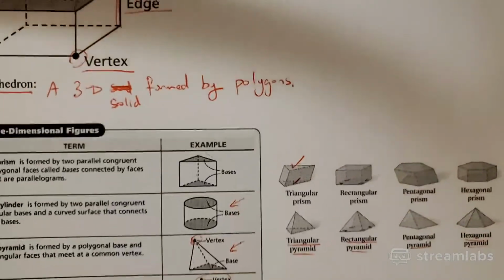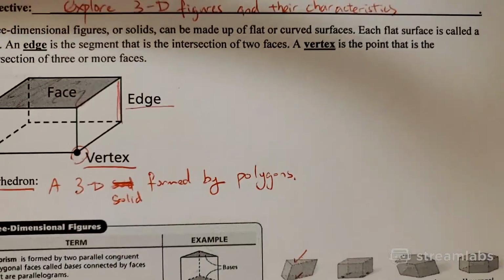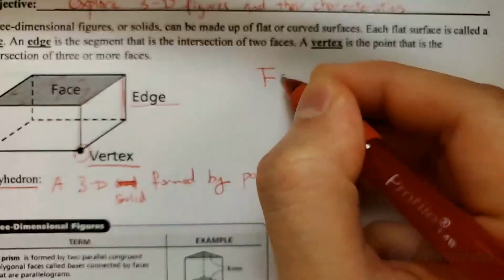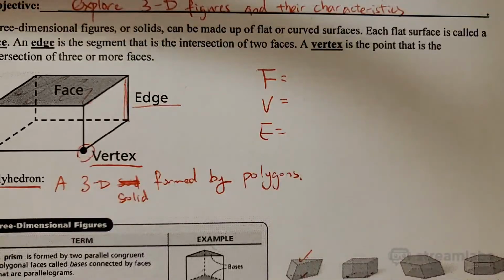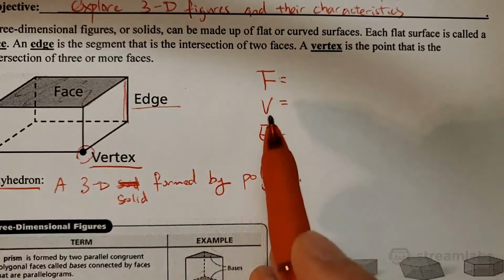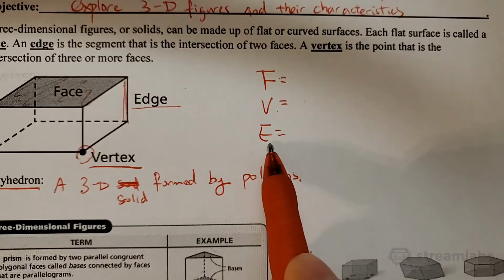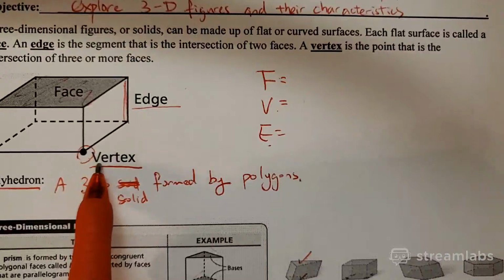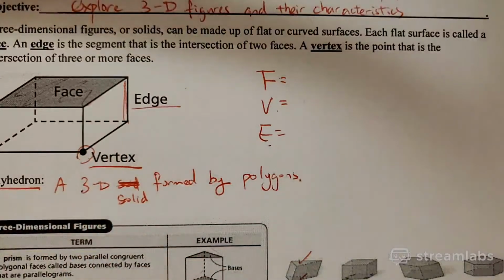Before we continue, I want to mention one thing about face, edge, and vertex. Can you count them all at once? Just tell me how many F, how many V, how many E. How many faces, how many vertices, what's the number of edges? Tell me about that.